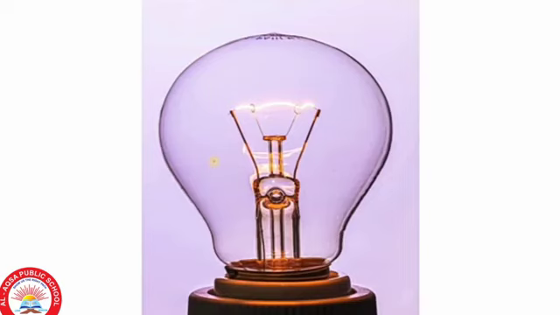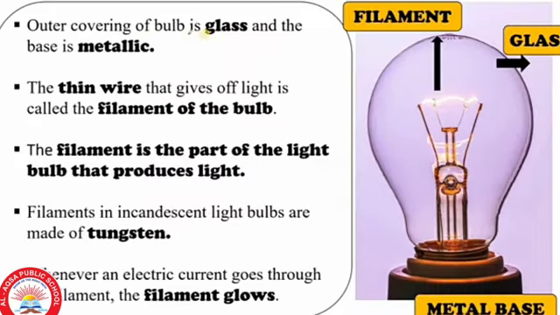What is a bulb? You might have seen this type of bulb. A bulb has an outer covering of glass and a metallic base. The thin wire that gives off light is called the filament of the bulb.